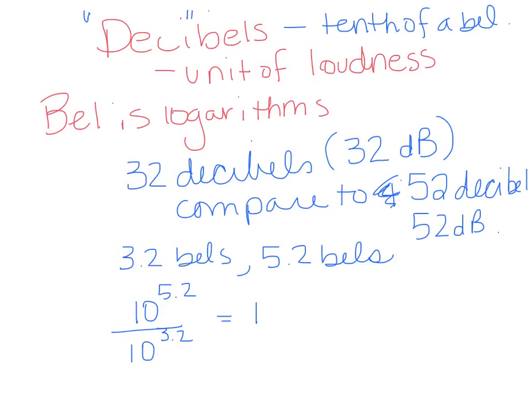And you're going to get 10 to the second power. So you would say 100 times louder. Okay? So this difference of 20 is really a difference of 2, which is 10 squared, which makes it 100 times louder. So 20 decibels difference is 100 times louder.